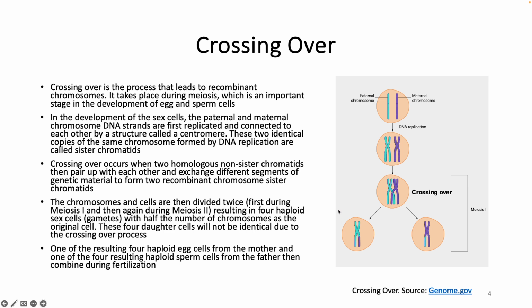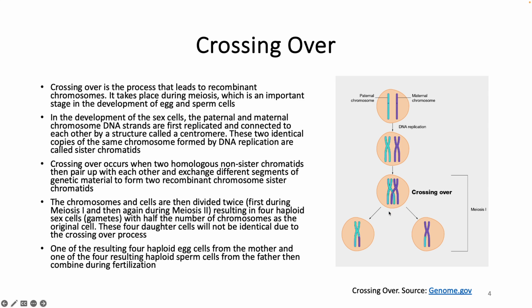These are diploids, where you have 2 of every chromosome, but we will get to a haploid state at the end of meiosis 2. And so there are basically 4 different daughter cells at the end of meiosis 2, and only one of them, one haploid egg cell, and one from the father, one haploid sperm cell, will combine together during fertilization.